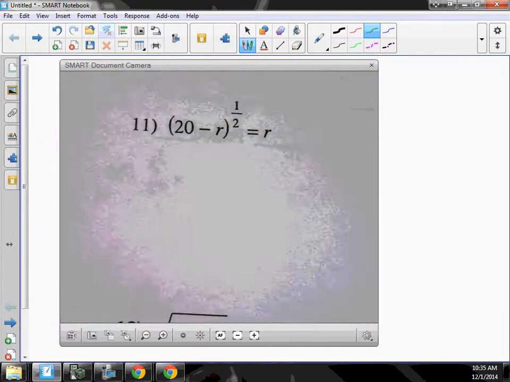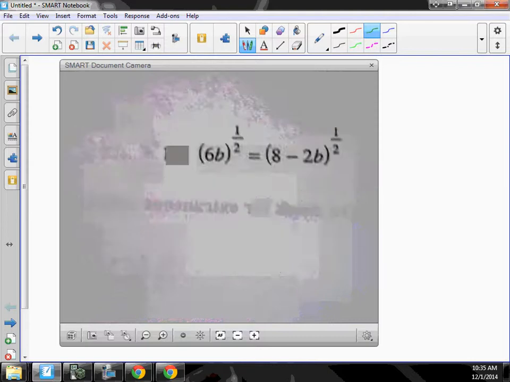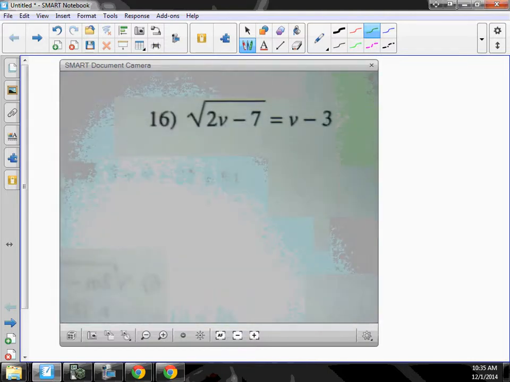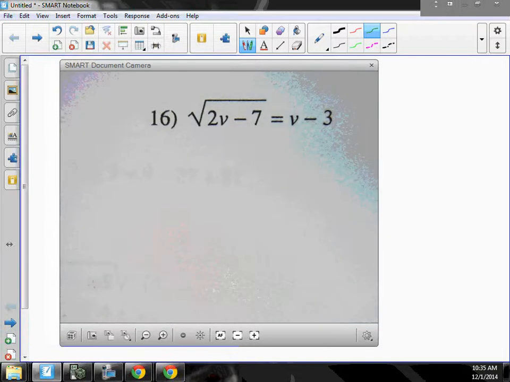Take a look at 16. This one's a little bit tricky. I'm going to square that side and square this side. If you do v squared plus 9 over here, I'm going to throw my marker at you.